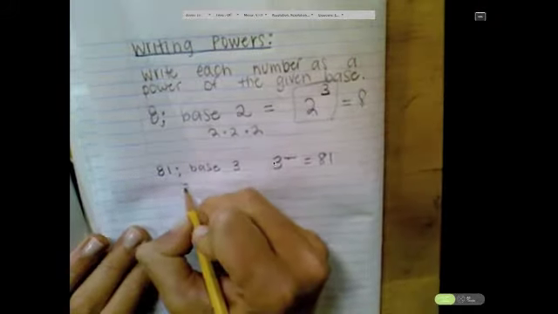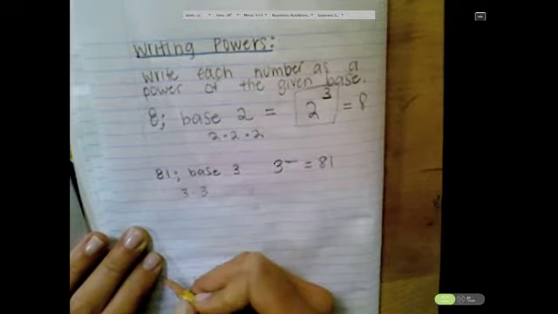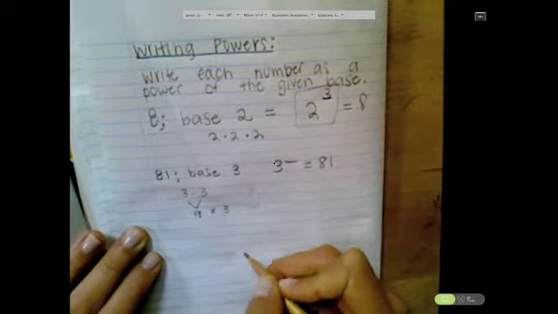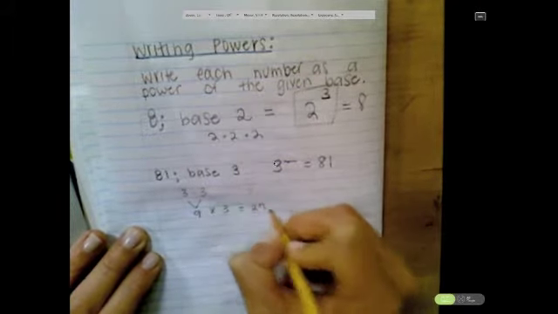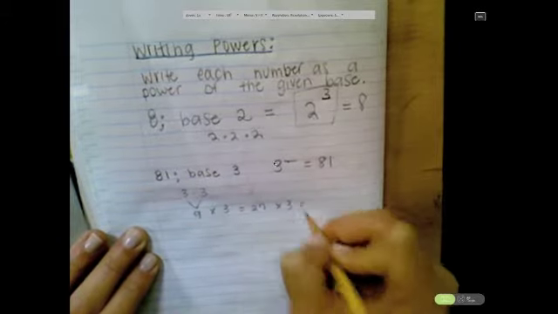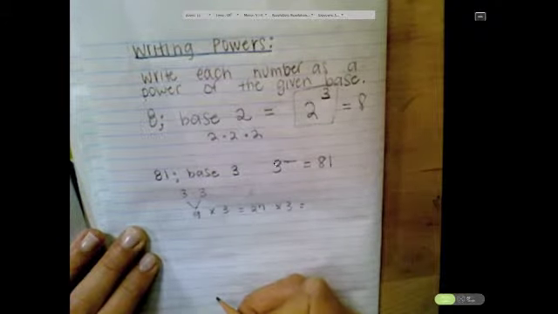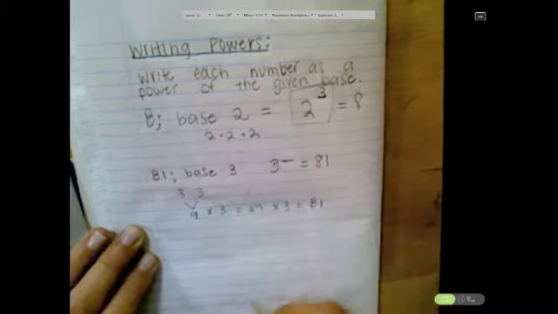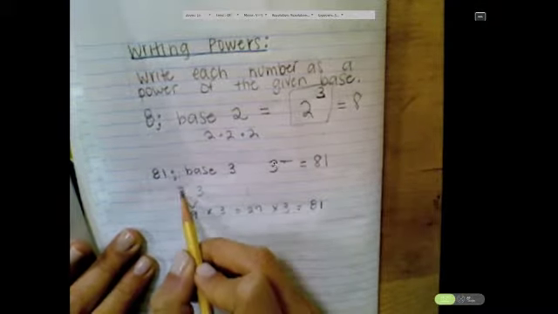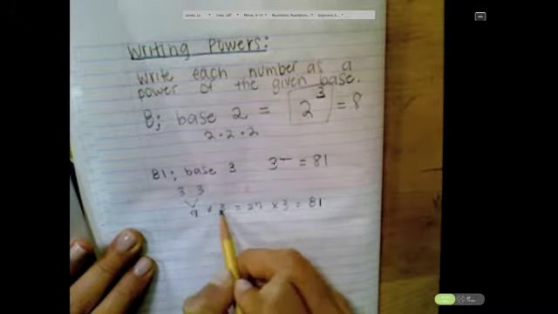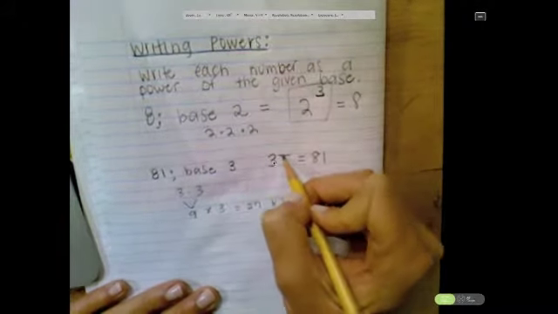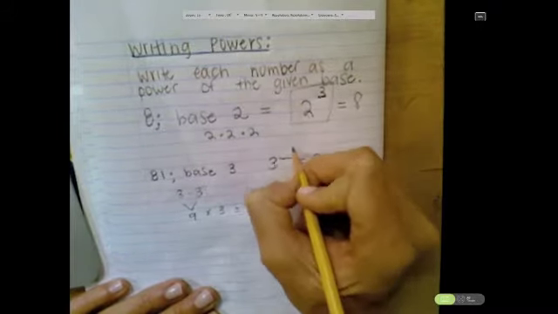So 3 times 3 is what? 9. 9 times 3 is what? Okay, keep going. 27 times 3 is 81. So we multiplied 3 1, 2, 3, 4 times. So this would be 3 to the power of what? 4.